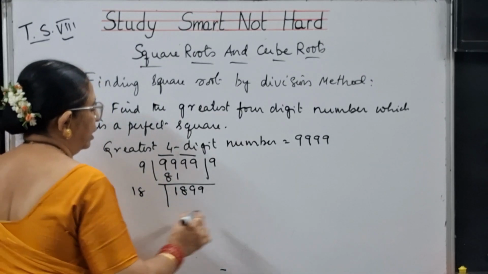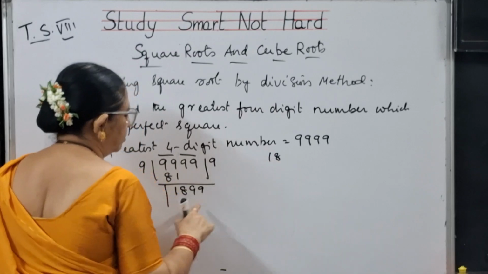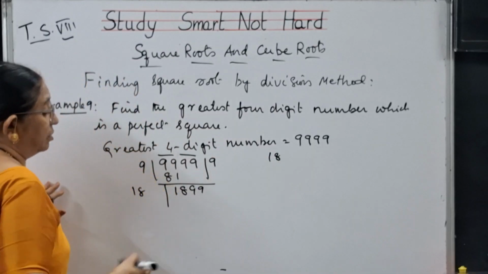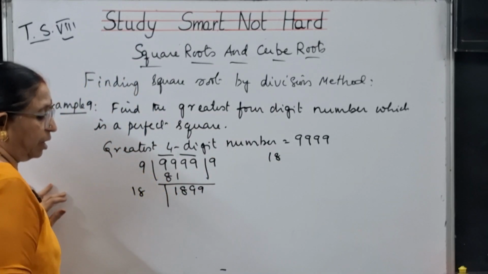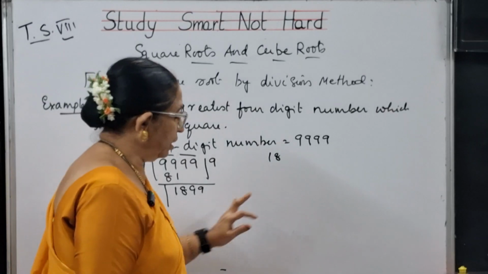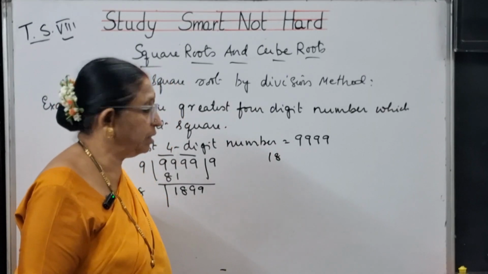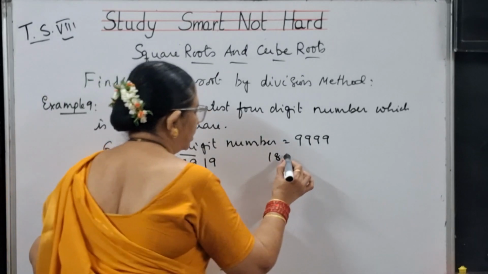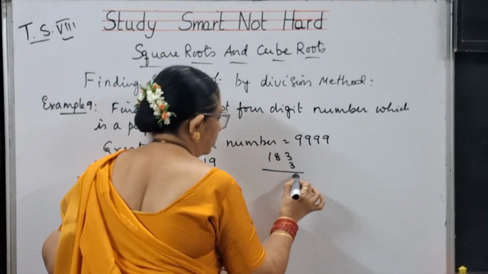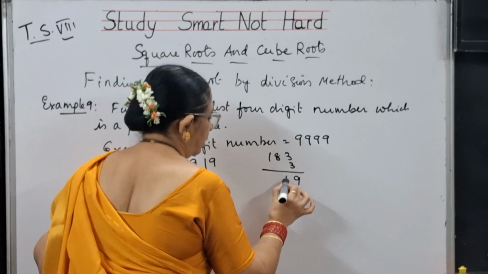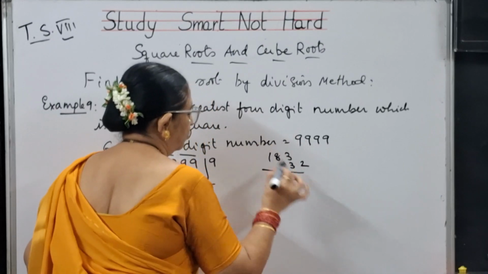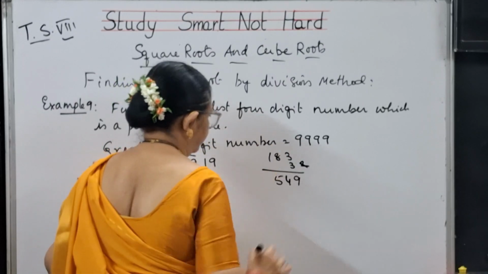Now 18 means 183 if you take, 3 threes are 9, 3 eights are 24, 3 ones are 3, to 5.